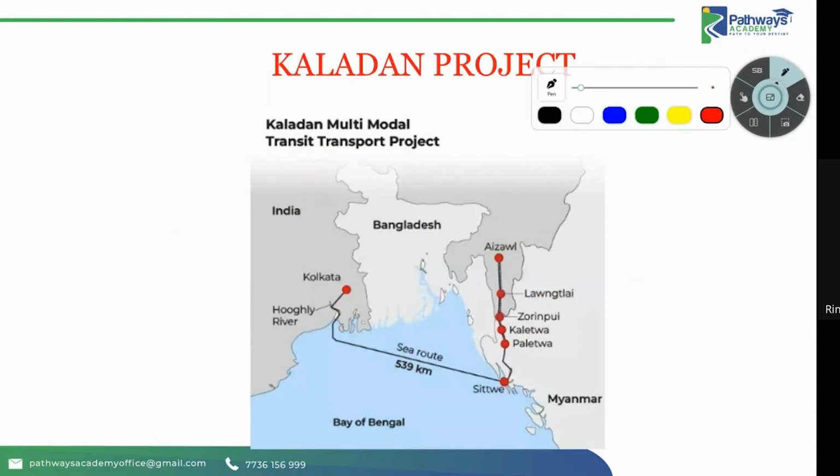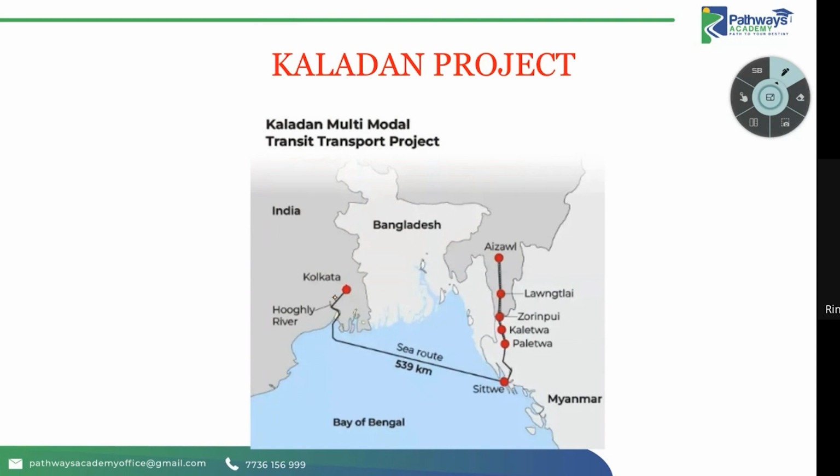Next is the Kaladan multi-modal project. What is Kaladan? Actually, it's a river which is present in Myanmar. The Kaladan multi-modal project is to reduce the distance between Kolkata port and the northeastern state of Mizoram.